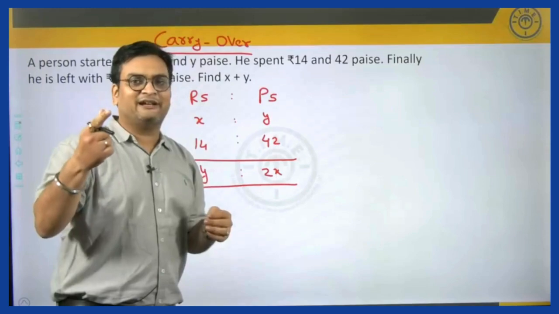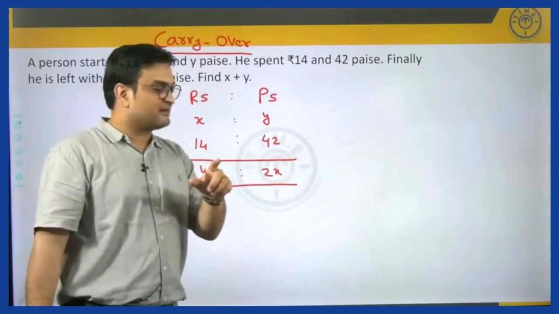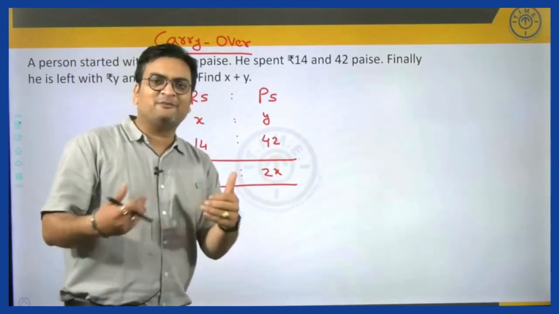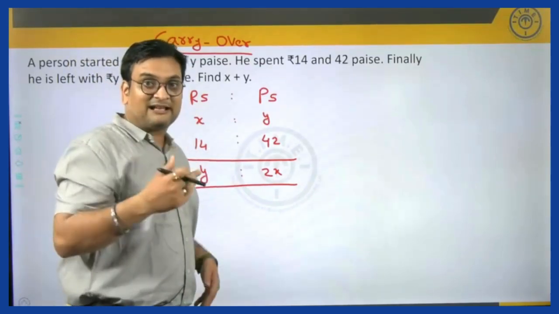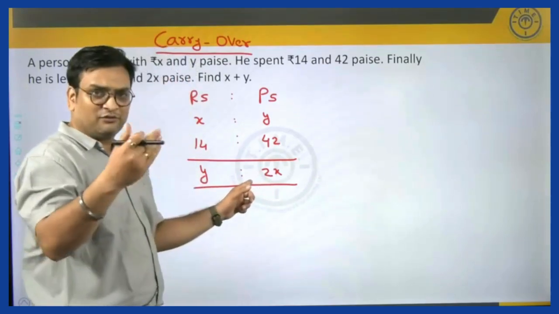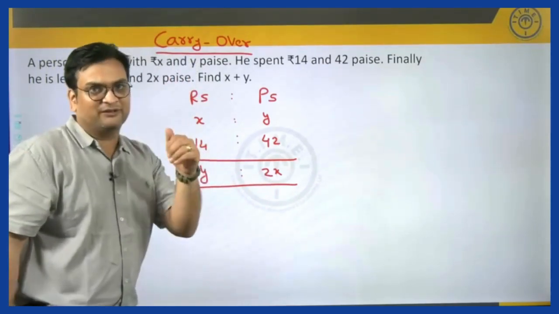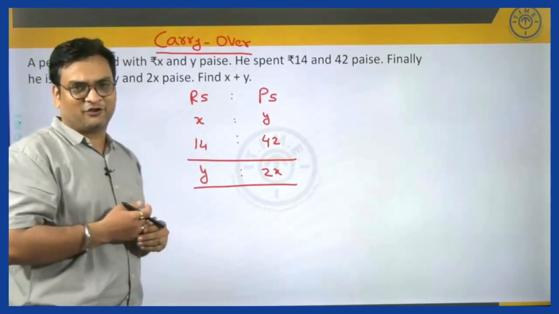If Y is 58, then 58 minus 42 can be done easily without any problem. But if Y is, let's say, 24, then 24 minus 42 cannot be done easily. So in such a case, I'll have to take a carry, right? So thus I cannot simply subtract these two and say it's equal to 2X. We can't really do that. So how do we check whether a need for carry is there or not? Observe.